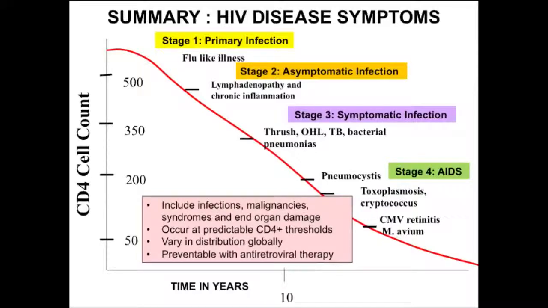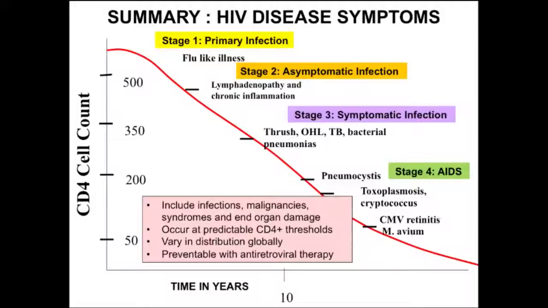Stage 2 is referred to as asymptomatic infection, where patients may have lymphadenopathy. But actually this is misleading, because chronic inflammation is ongoing and causing end organ damage. Stage 3, or symptomatic infection, is associated with conditions such as thrush, oral hairy leukoplakia, TB, and bacterial pneumonias.